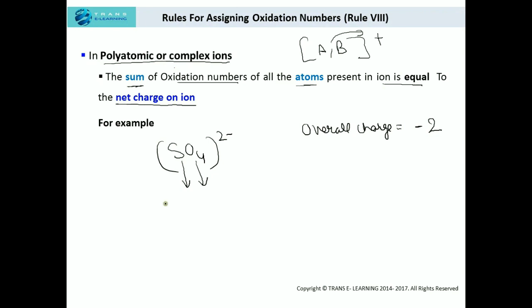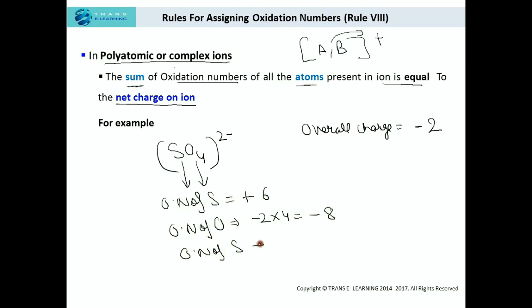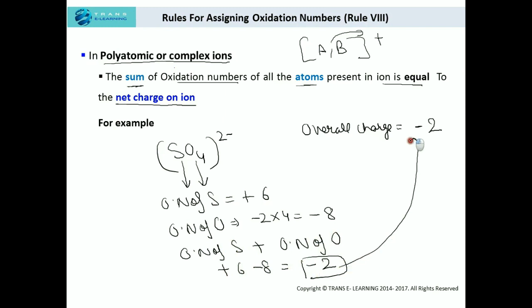In this case, the oxidation number of sulfur will be +6 and the oxidation number of oxygen is -2, and there are 4 of them, that will be -8. So if we add the oxidation number of sulfur and the oxidation number of oxygen, it is +6 -8, so it will come out to be -2, which is equal to the net charge on this complex ion.